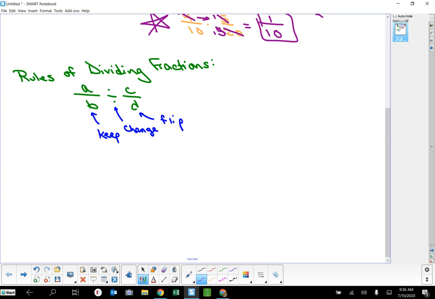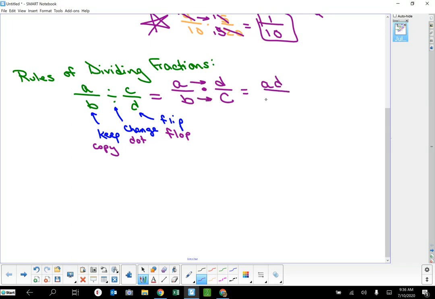I've had a student come in and her teacher taught her copy, dot, flop. So you're copying it, changing it, it turns into multiplication, so hence the dot, and then flop this one upside down. Whichever way you're going to go about this, you're going to keep the A over B, multiply, and this becomes D over C, and now you just multiply straight across like you did at the top.